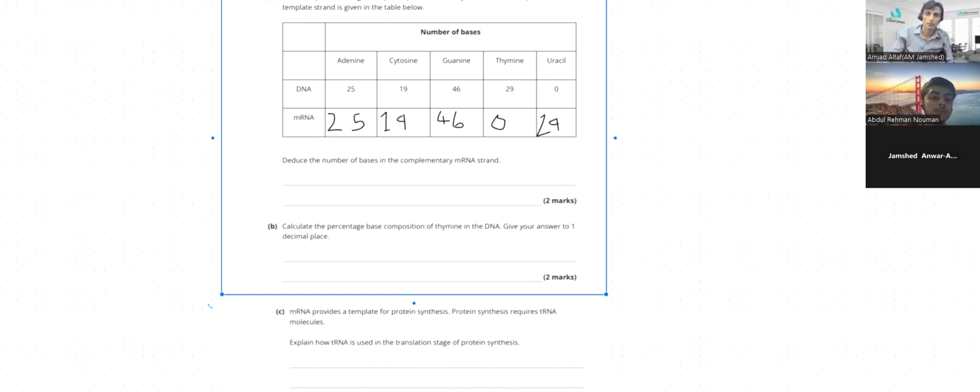It's 24.4%. Why are you not writing it here? Yeah, I was on my calculator. Now I'm writing it. The question says to give your answer to one decimal point.